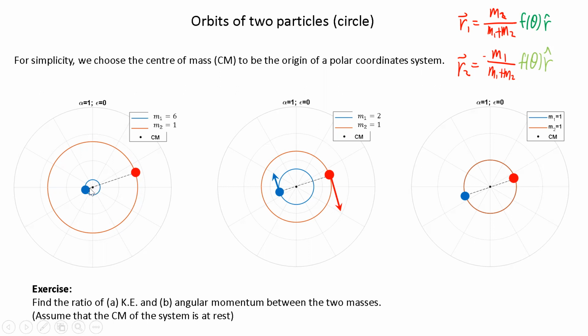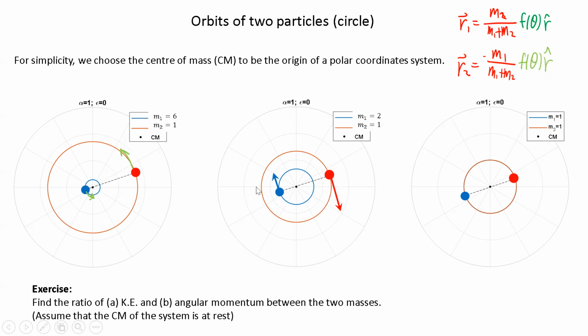If you draw a line over here, looking to this side you see one of the masses, and if you look back, you will see exactly the other mass behind you. So this mass is orbiting on this big circle, and this small mass will be orbiting along the smaller circle.